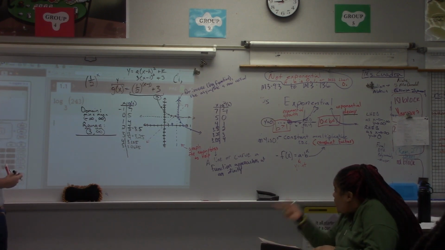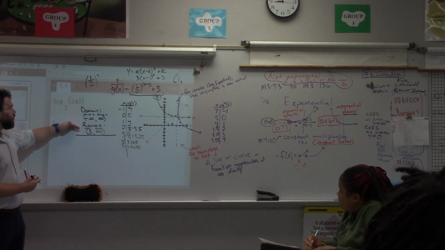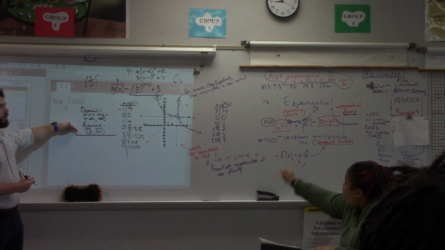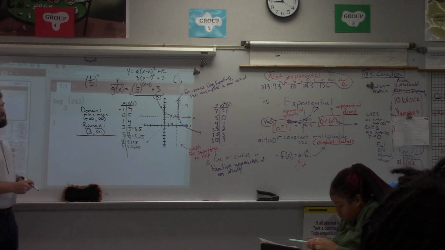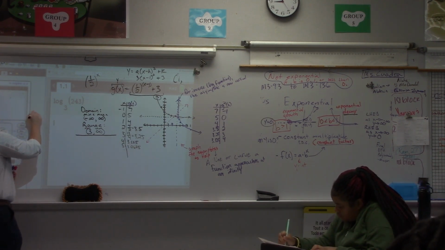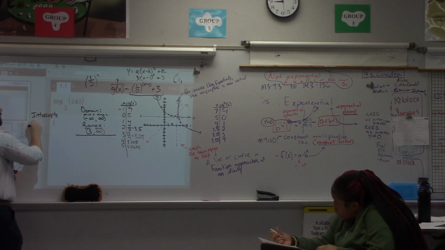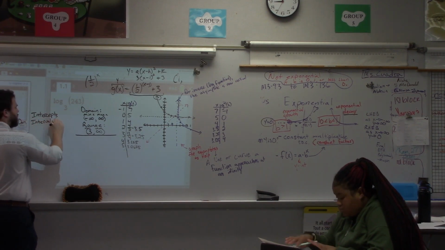We do this twice because there's always x and y, domain and range. We'll do the inverse in a second. Intercepts and intervals of increase and decrease are features we usually want, but we're going to skip both for now for time.